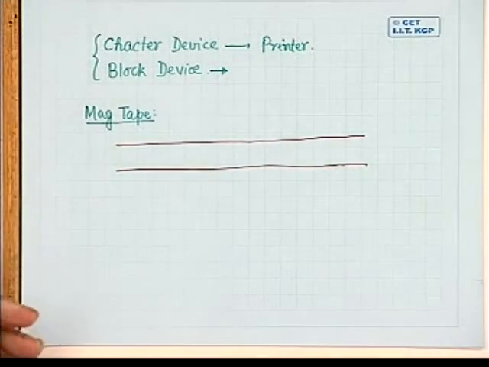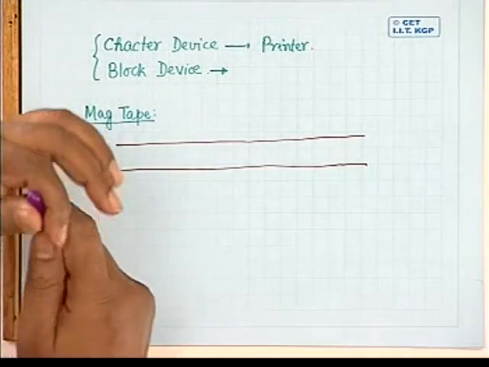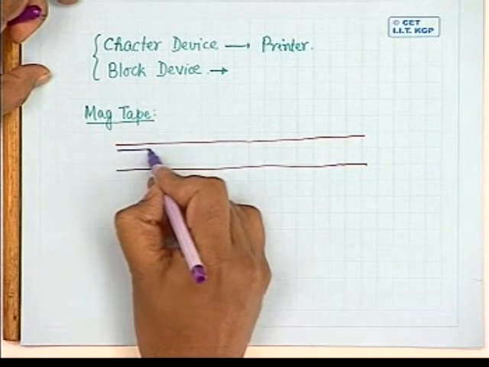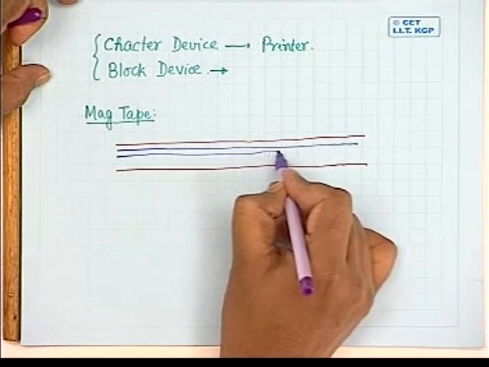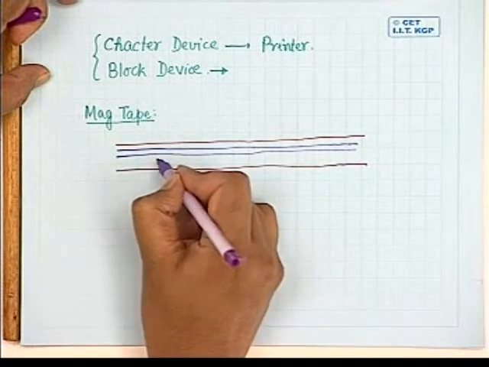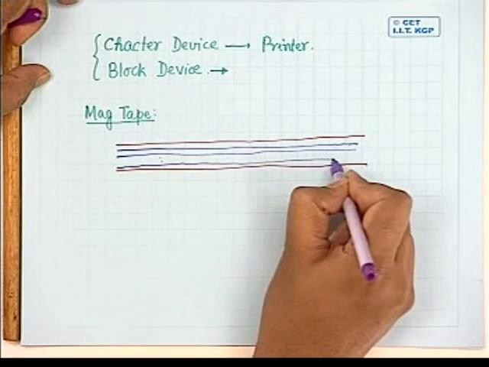The tape typically contains 9 tracks, like this. So there will be 9 tracks on the tape.